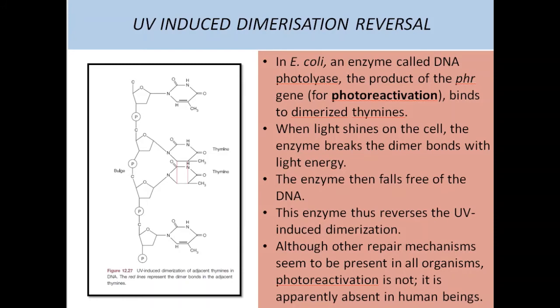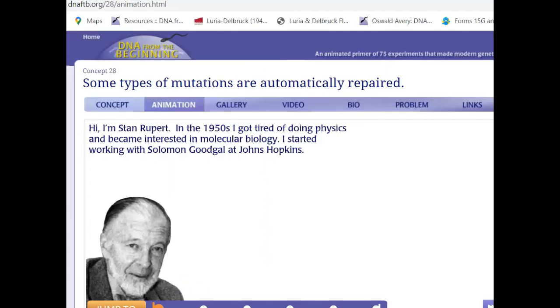Now let's go into an experiment which led to the discovery of this photoreactivation process. So I am using the videos or animations provided by the Cold Spring Harbor Laboratory, as we had explained earlier.